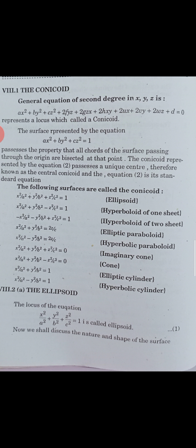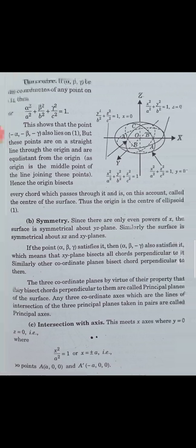Similarly, the other coordinate planes bisect chords perpendicular to them. The three coordinate planes, by virtue of this property, are called the principal planes of the surface. The three coordinate axes, which are the lines of intersection of the three principal planes taken in pairs, are called the principal axes.